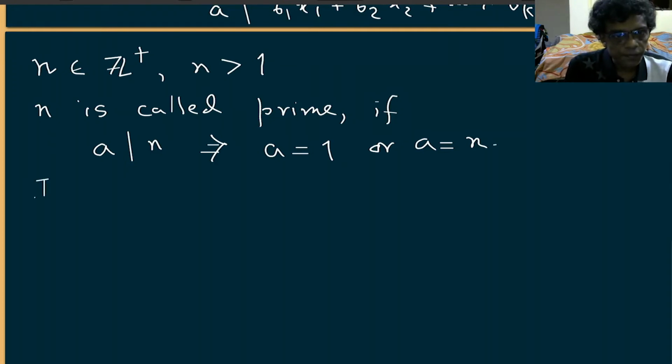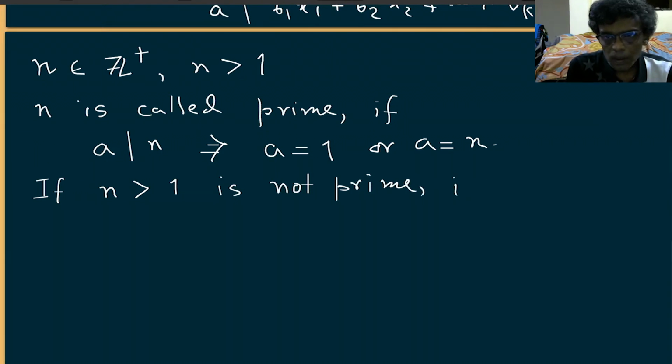And if n greater than 1 is not prime, it is called composite.